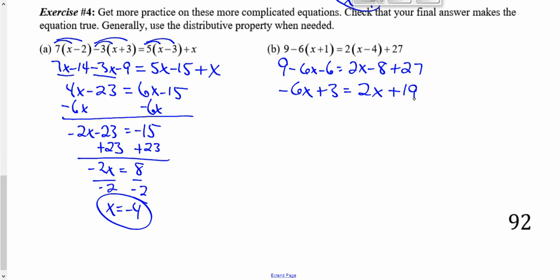Oh, that's a -6x. That's going to change everything down here, right? Yes, the negative stays with it. So you got to change that, and that's going to change everything else. That's why we do math in pencil. And careful, guys, that negative stays with the -6x.